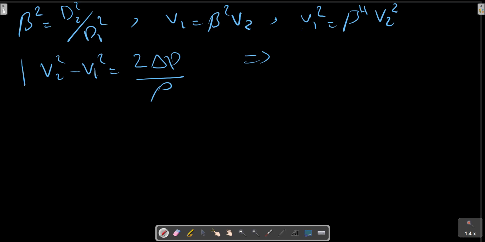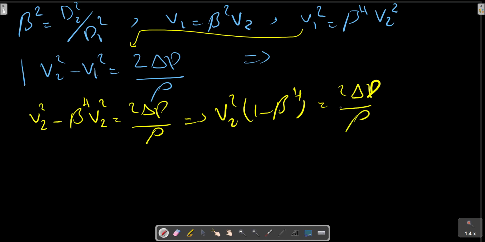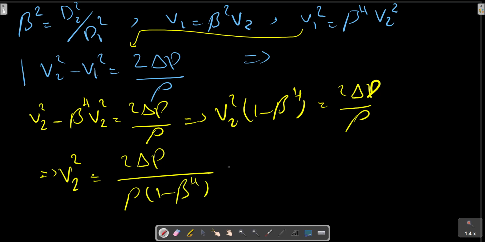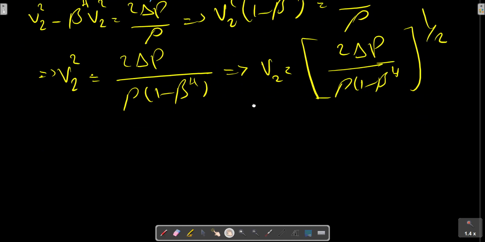The result we can replace in this relation: V2 squared minus beta 4 V2 squared, so we have this relation for V2 squared. This is the relation for velocity at the throat.